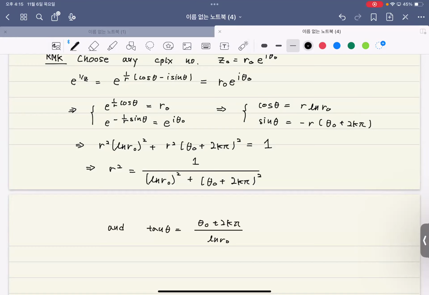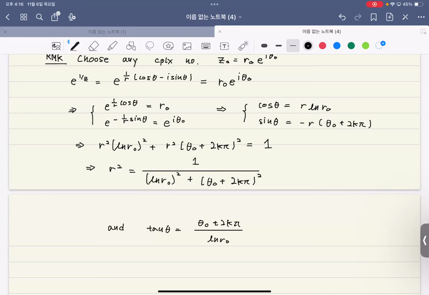So it turns out if my complex number Z has this modulus R, and if my argument theta satisfies this relation, then this function actually attains this function value, Z0, right?